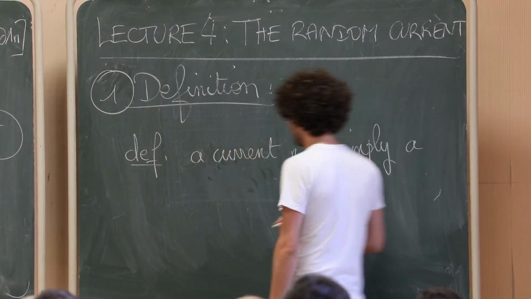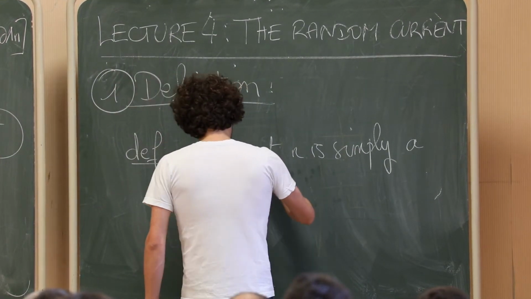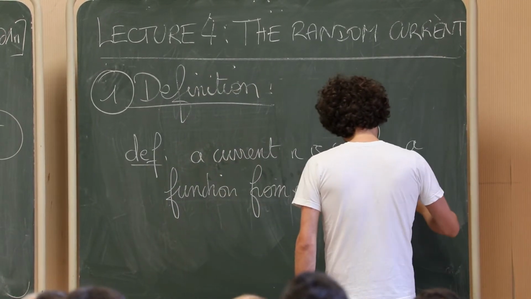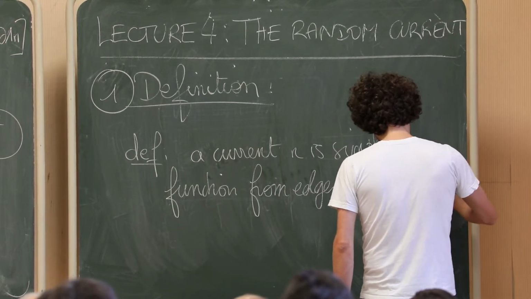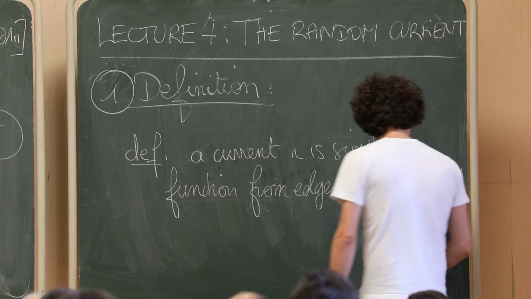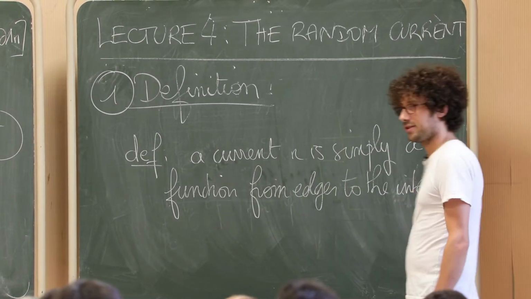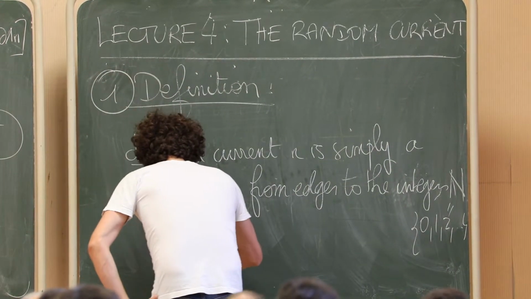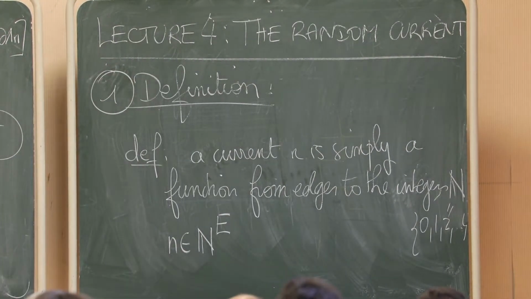It's simply a function from edges to the non-negative integers. And since we are in France, 0 is an integer. Okay? So n is just an element of N to the E, nothing else. Okay?